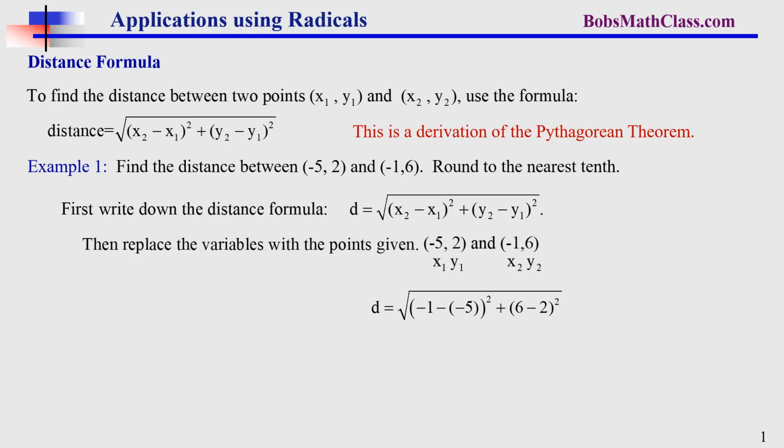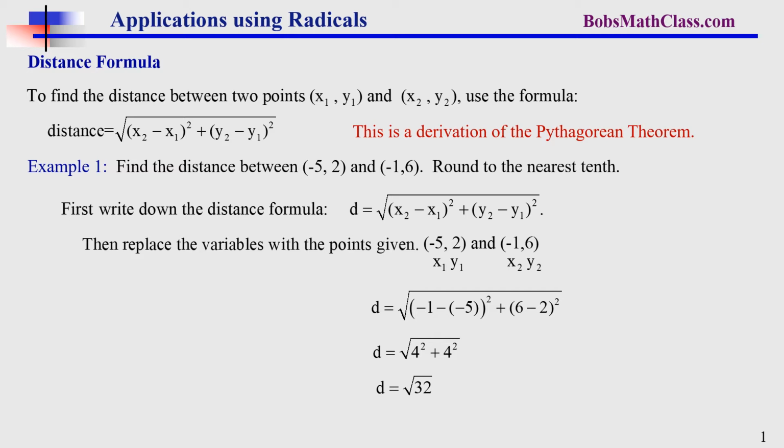That turns into a positive, so that'll be -1 plus 5, which is 4, so that's 4 squared. And in the second parentheses, that's also 4, because 6 minus 2 is 4. So we have 4 squared plus 4 squared. That'll give you 32. 4 squared is 16, right?